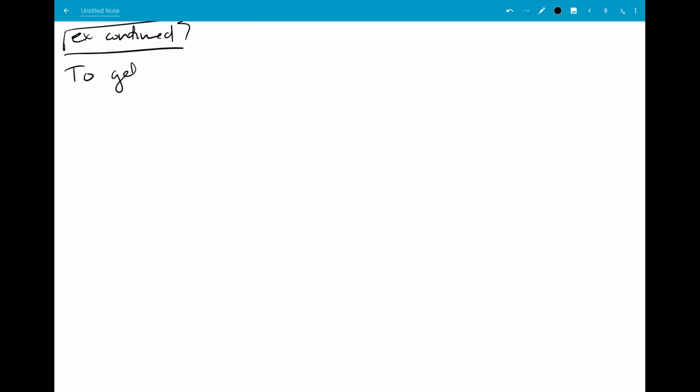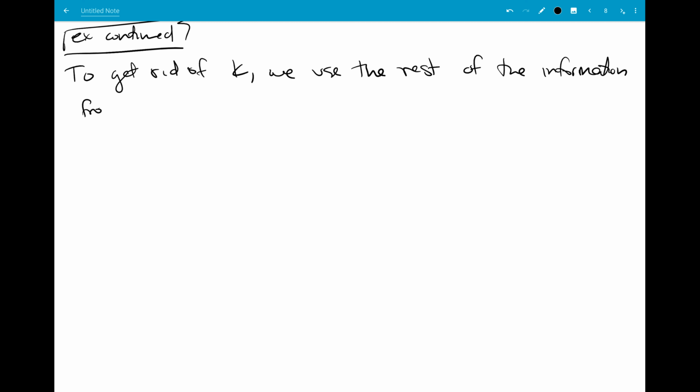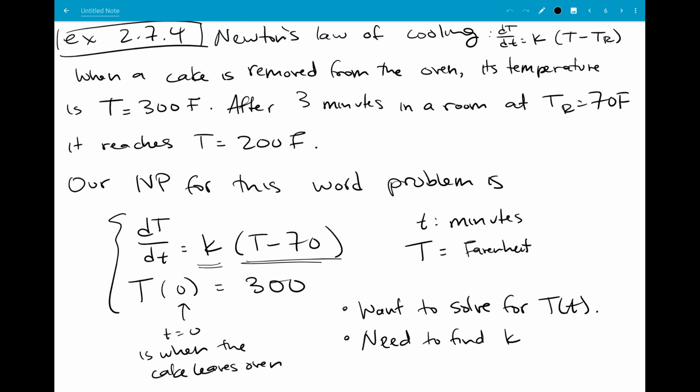To get rid of k, we're going to use the rest of the information from the word problem. I'm going to go back to the problem so you see exactly what I'm saying. After 3 minutes, the cake reaches 200 degrees Fahrenheit.